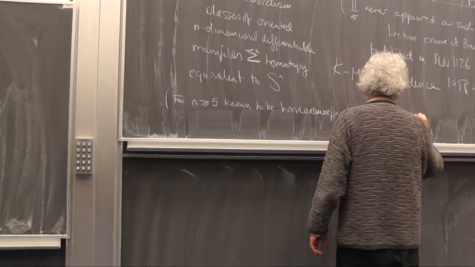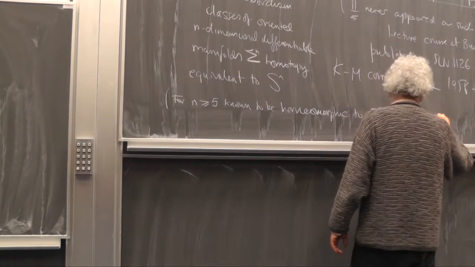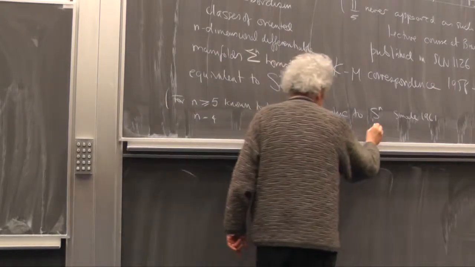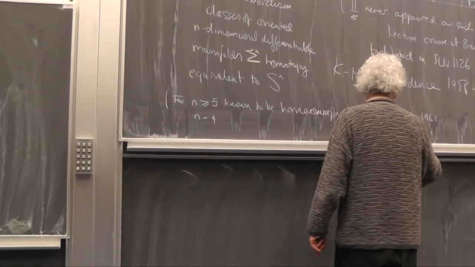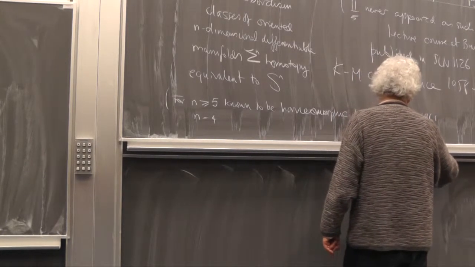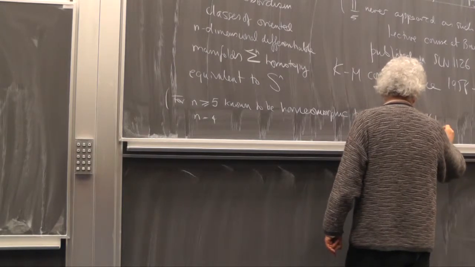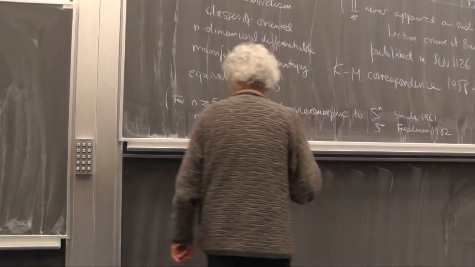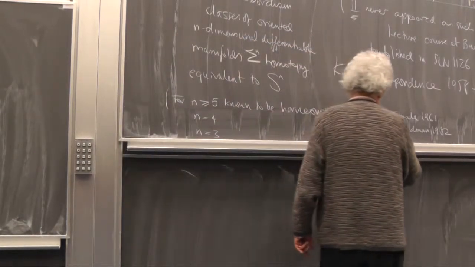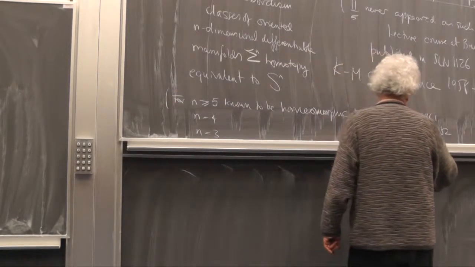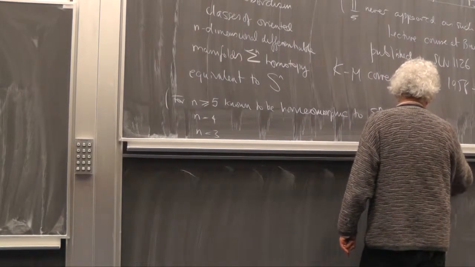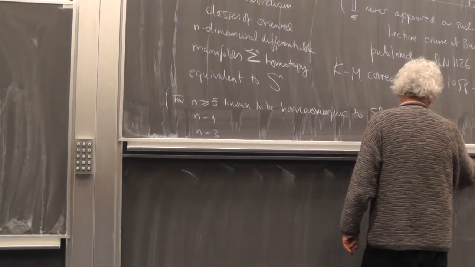So this was, of course, Smale, 1961. n equals 4 was much later, of course, Freedman, 1982, and then finally n equals 3, Perelman, 2000-something, maybe 2003.